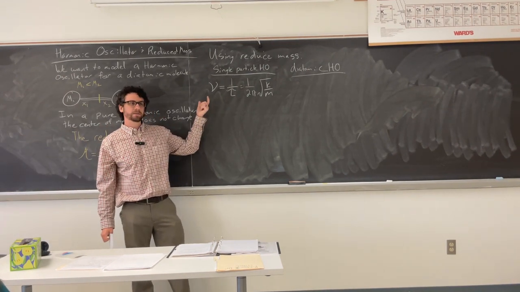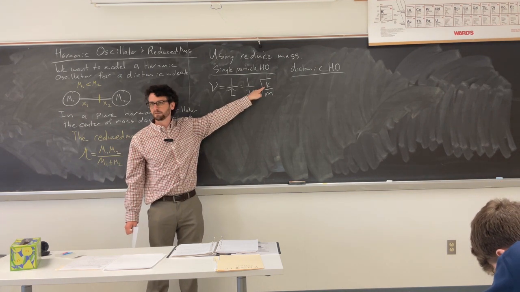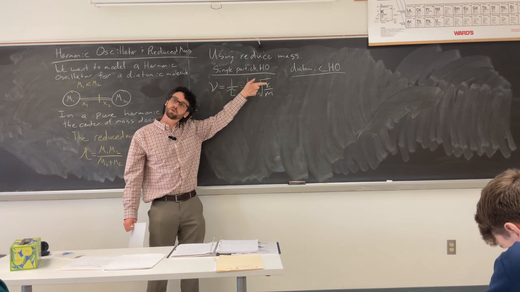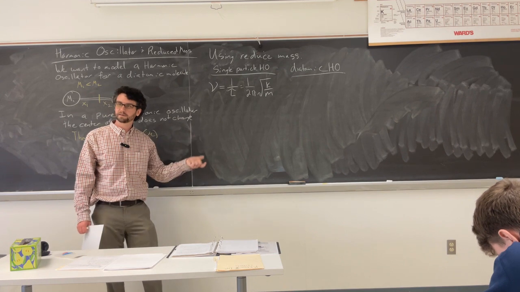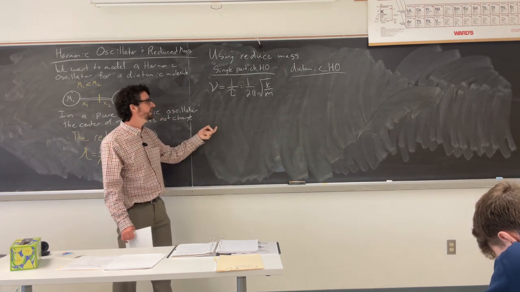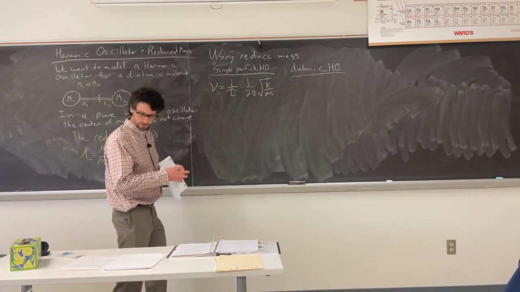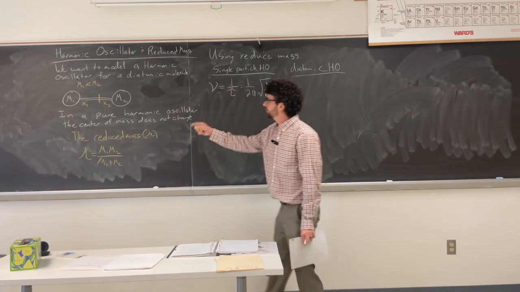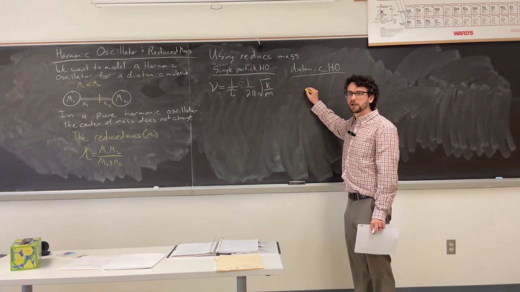Tau, again, was the time it took for a complete oscillation. What's this K thing? Spring constant, or in the case of quantum particles, a force constant. It'll be used interchangeably. And then what's that M? Mass.